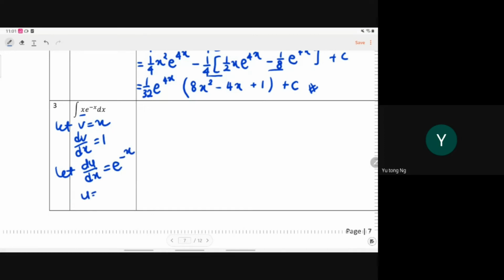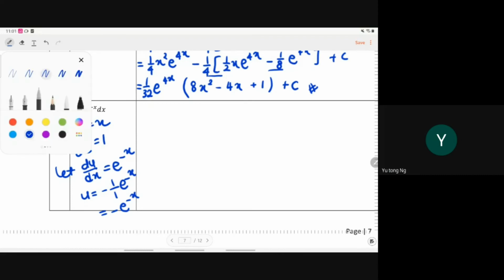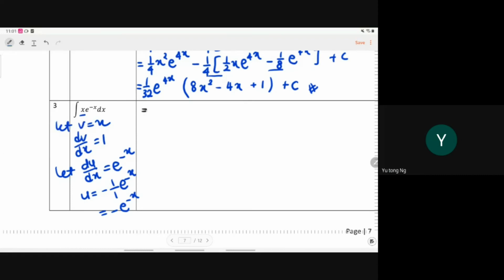So your u equals to negative 1 over 1 e minus x, so simply negative e minus x. Once you get that, then we can substitute into the formula. So the formula from earlier, if we integrate v du dx equals to uv minus integrate u dv dx.